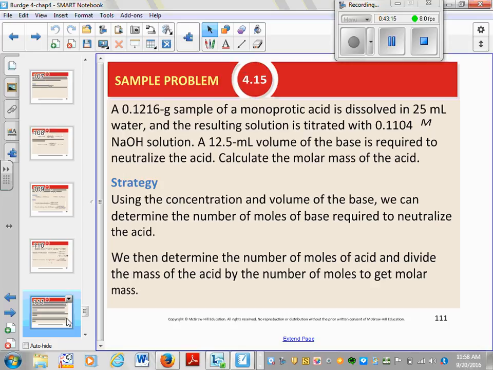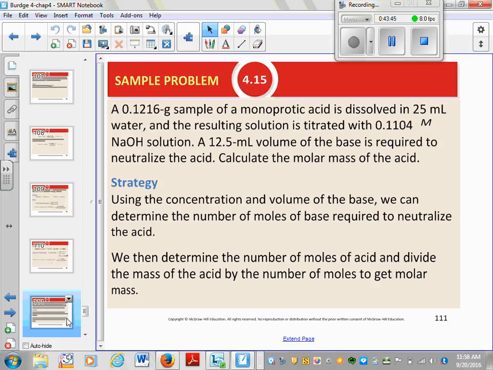Do we have the moles of the acid? No. But we titrated it. What's the volume of the solution of the acid? 25 milliliters.